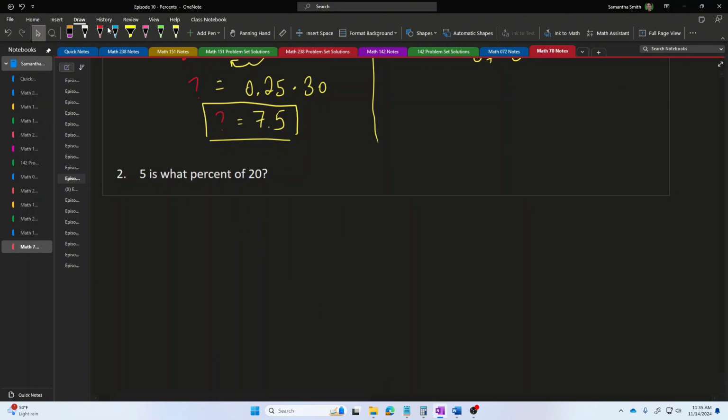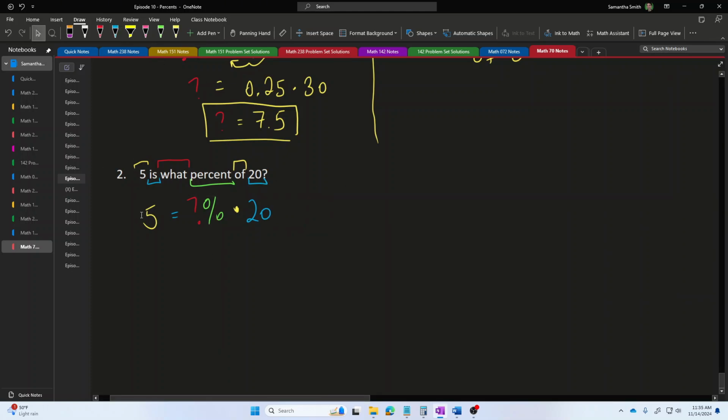So someone says 5 is what percent of 20? If I translate that English sentence one word at a time, that becomes 5 equal sign question mark percent multiplied by 20.